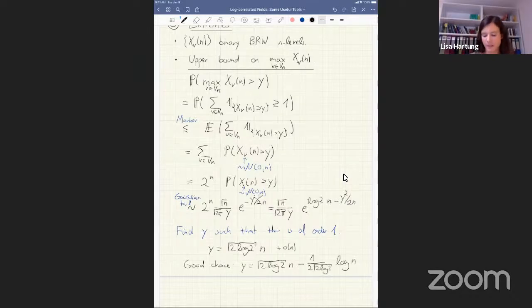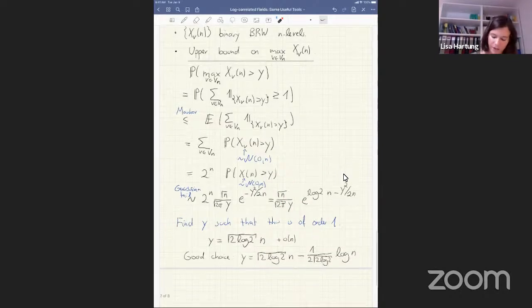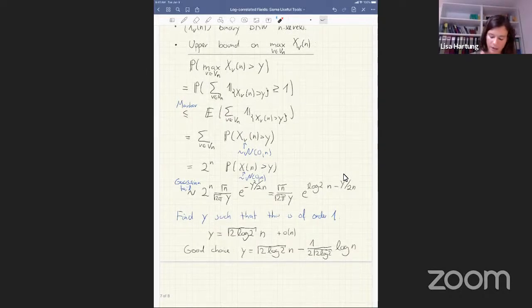If one plugs this in, one sees that the mixed term of y squared is exactly tailored to this expression. You can maybe just do this by yourself, because otherwise it will take a little bit too long. So this is a good choice to make this object of order 1.